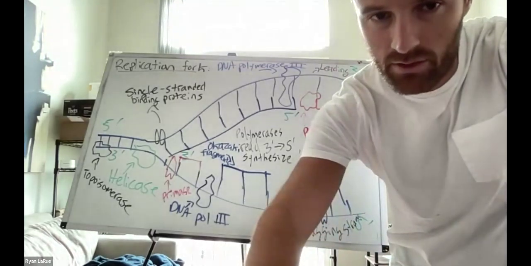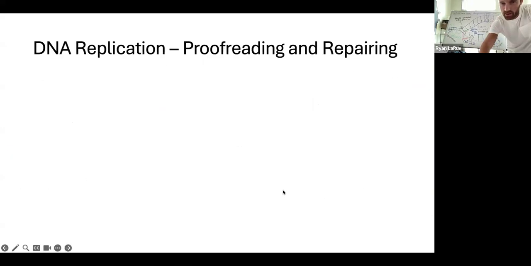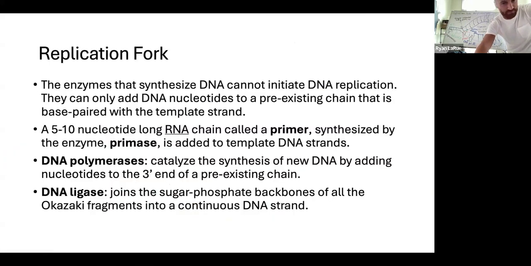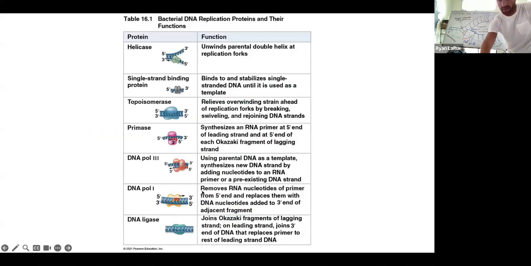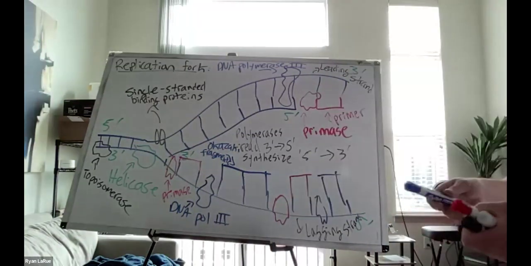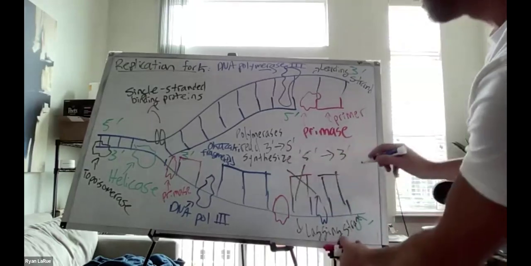And so it should be on here. I guess not. Huh, gotta add it. But it is on this summary. DNA polymerase 1 is going to take out the RNA nucleotides and replace them with DNA. So we can represent that with just a big X here.